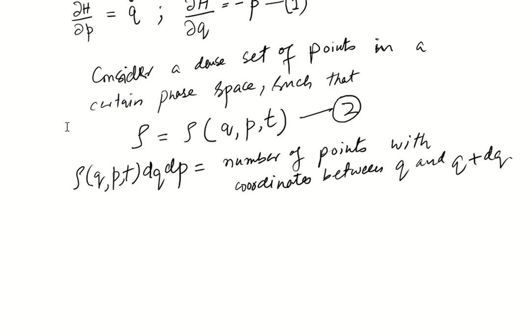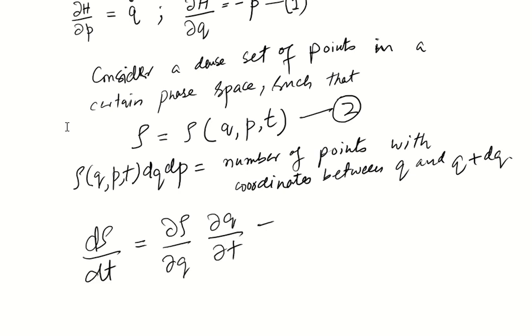Now if rho is a function of q, p and t, in terms of partial derivatives we can write the derivative with respect to time as partial rho over partial q times partial q over partial t, plus partial rho over partial p times partial p over partial t, and then the last is an explicit function of time, so we write partial rho over partial t.